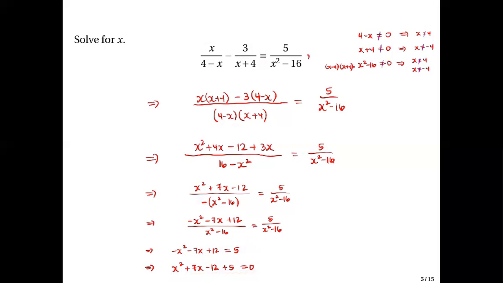And then from here, simplifying further, let me write it on this part. We will have here x squared plus 7x, then minus 12 plus 5, that's minus 7, equals 0.